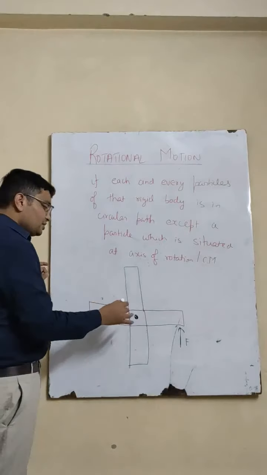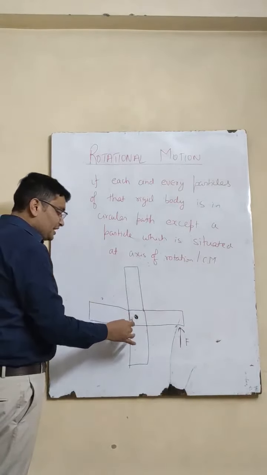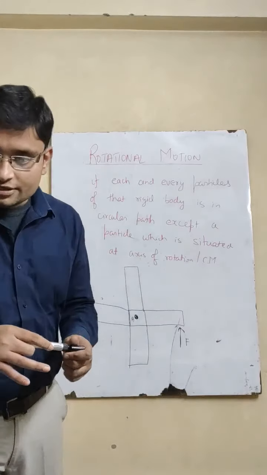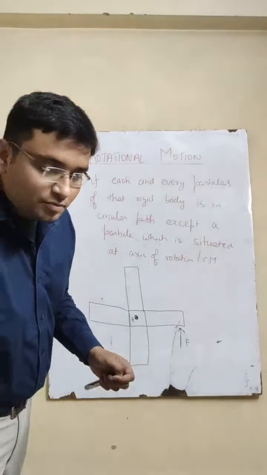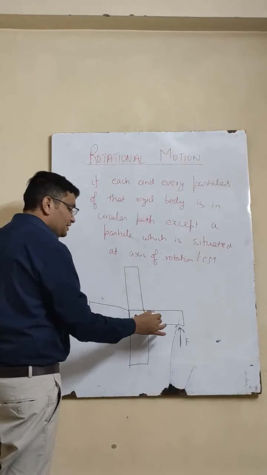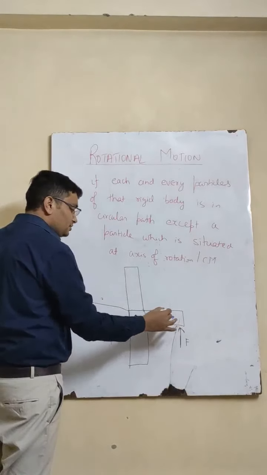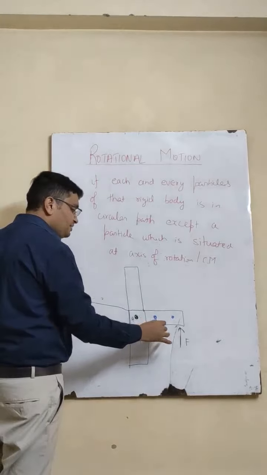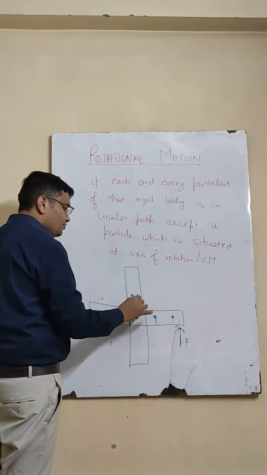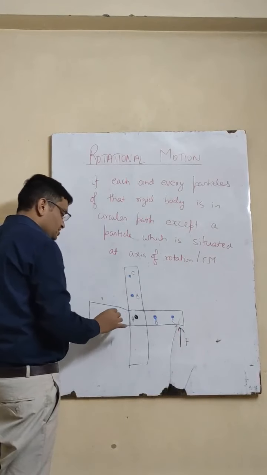So let the particle which is lying at this CM be A. Now let me use some more colors. Just like the previous figure, I have taken two more particles which are not lying at the CM but at another place. Let them be B and C. Same thing I will do. After rotating, when the body comes to this position, obviously the positions of B and C change.